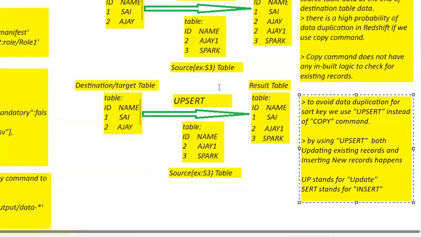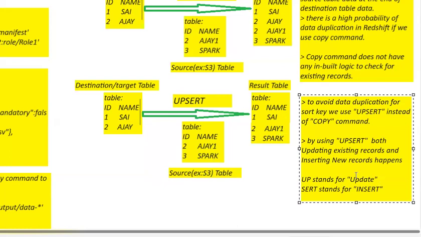By using this UPSERT, we are both updating the value, that is, in place of Ajay we are updating the value of Ajay1 because we are copying the source table, and we are also inserting the new record, that is, 3 Spark. So these two things will be done by using upsert.